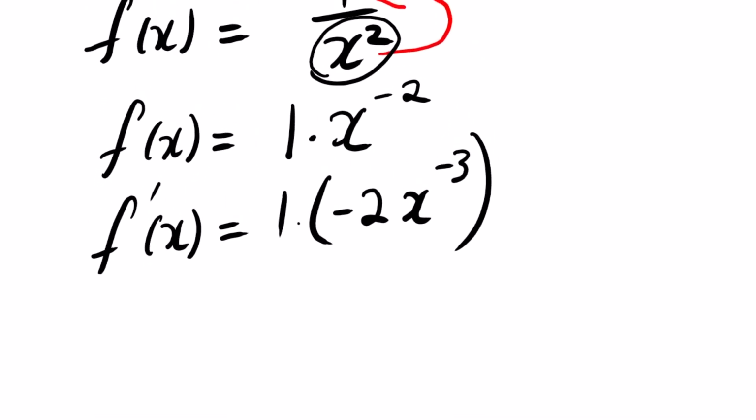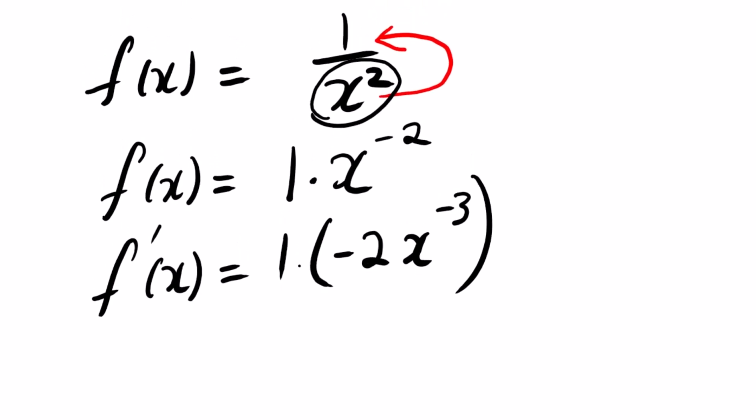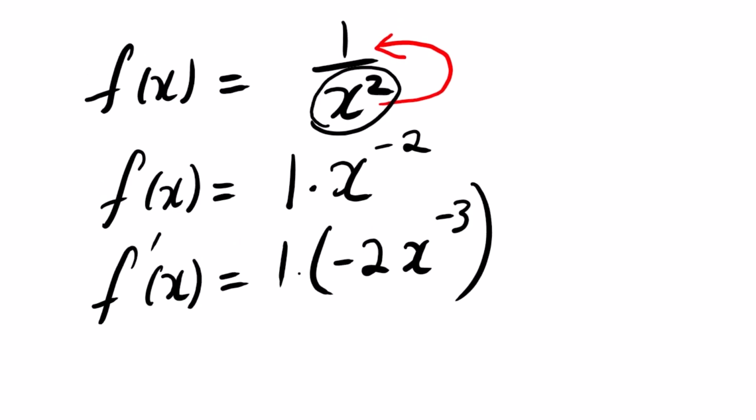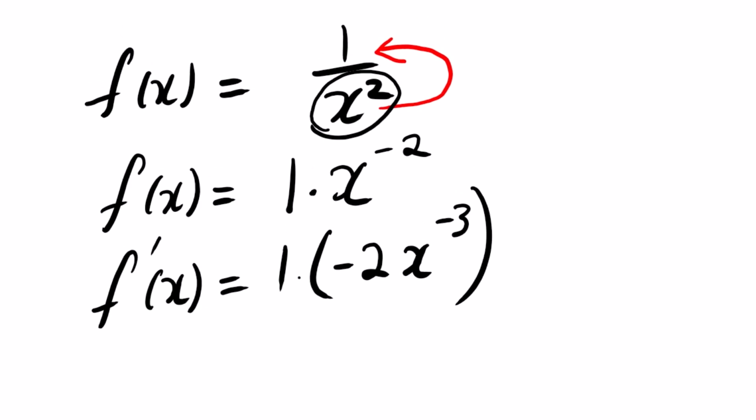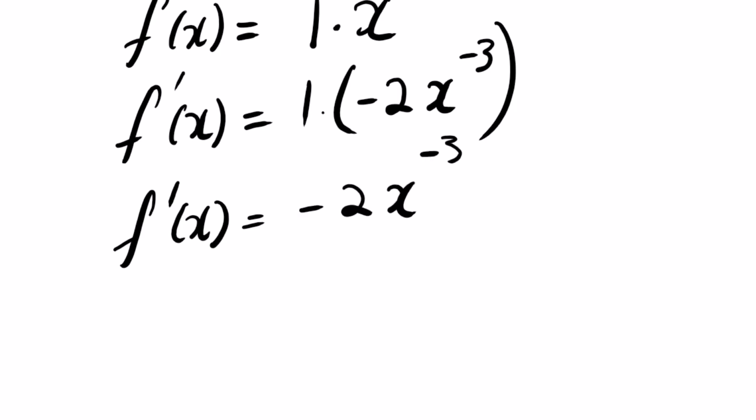Now in this case, since in our question the variable was on the denominator level, we need to take it back to the denominator level. But before we do that, we need to multiply. 1 multiplied by negative 2 is simply negative 2 x to the power negative 3.